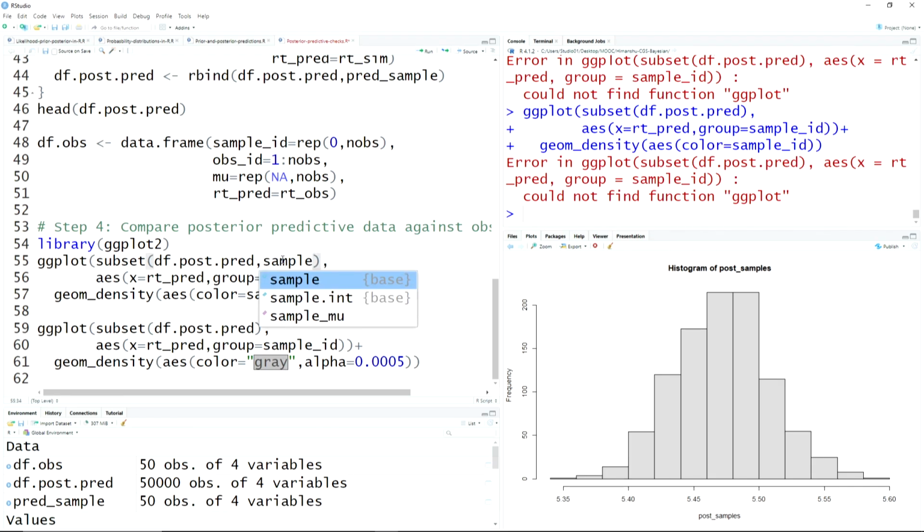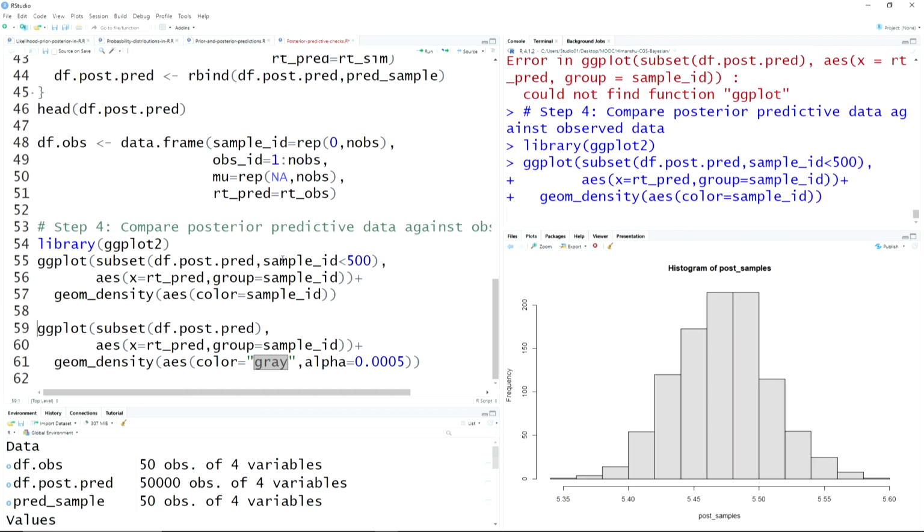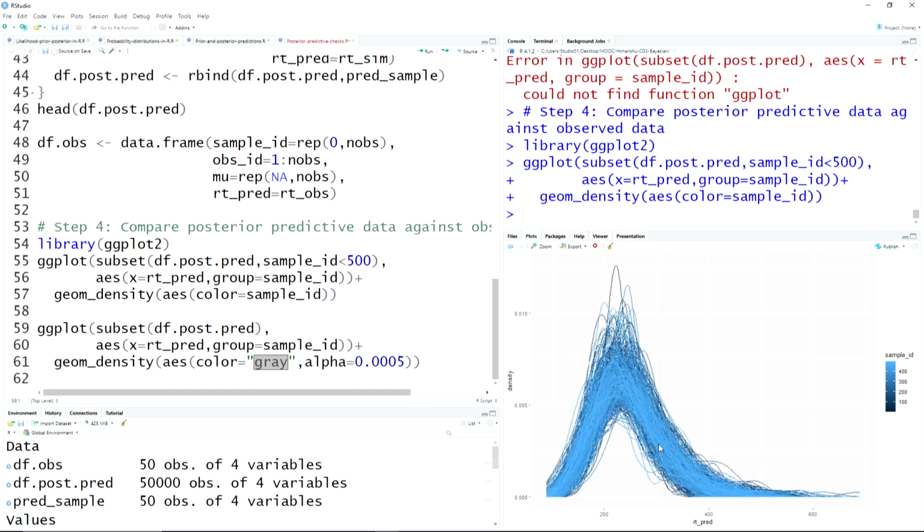I do not want to generate too many, let's say sample ID is less than 500 or so. Okay, this plot shows you posterior predictive data.